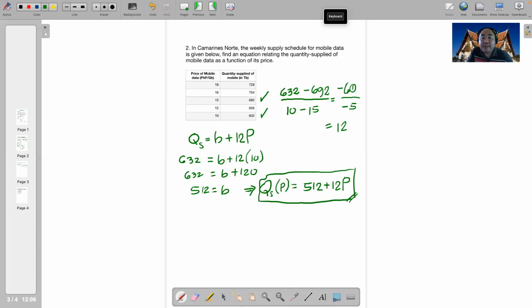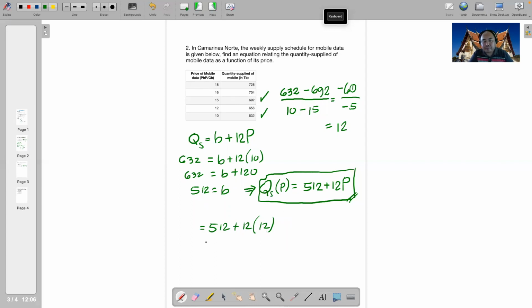Of course, we want to always check this. Let's use another point. Let's use 12. Just to check, what is 512 plus 12 times 12? Because at 12 pesos, we want to check how much is the quantity supplied in terabytes when a gigabyte of data is 12 pesos.